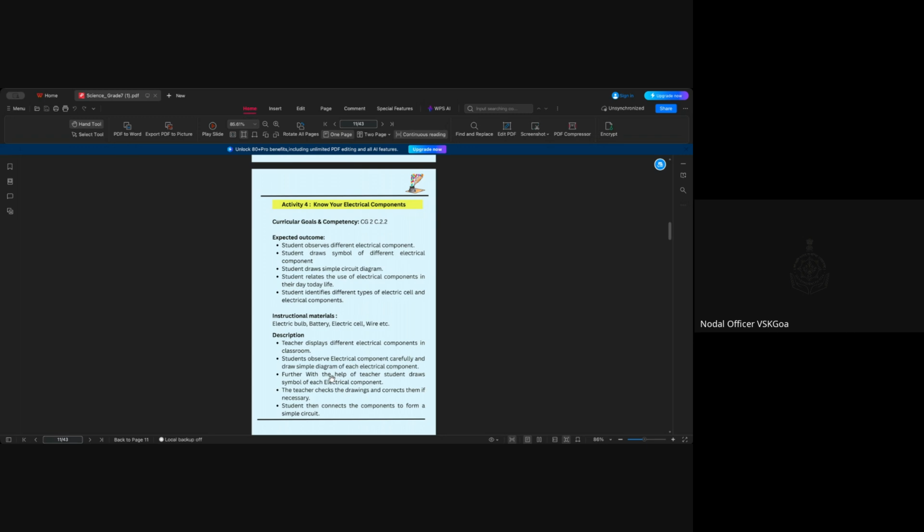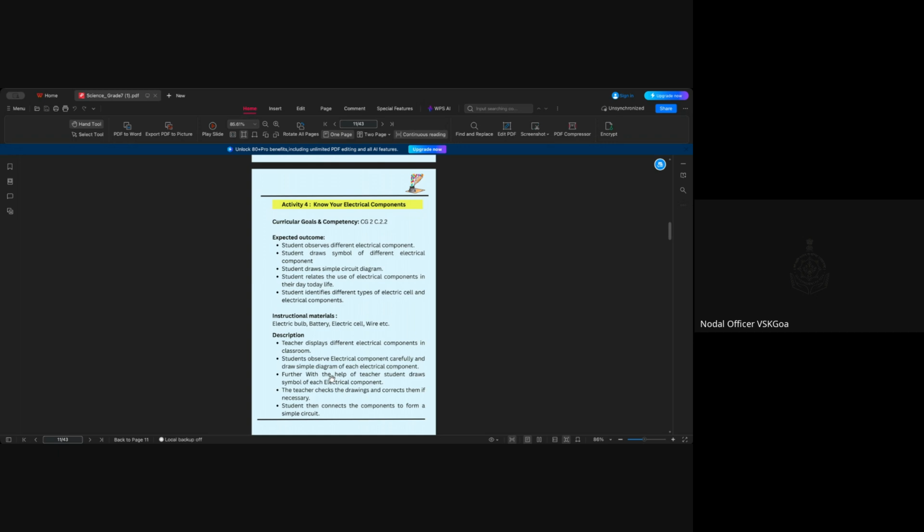Then you can give the students some facilitation, tell them one step ahead, and have a small discussion over there. Suppose we try to draw the components in the classroom in the same way, and we want to form a blueprint of this particular class where all these different electrical components are there.